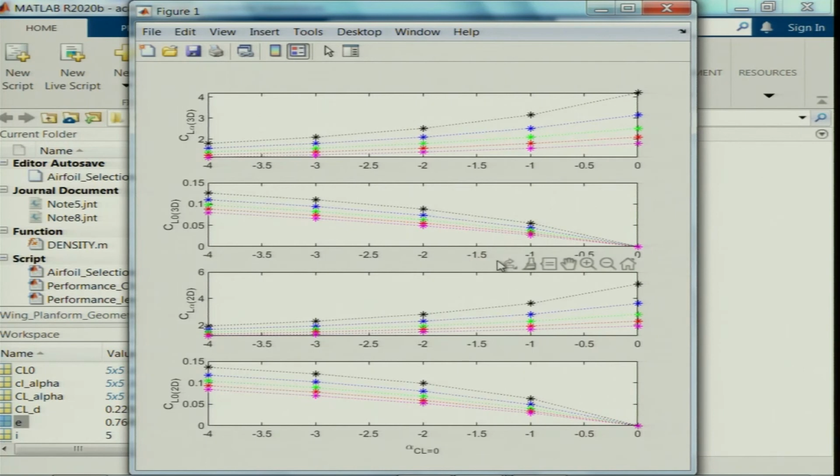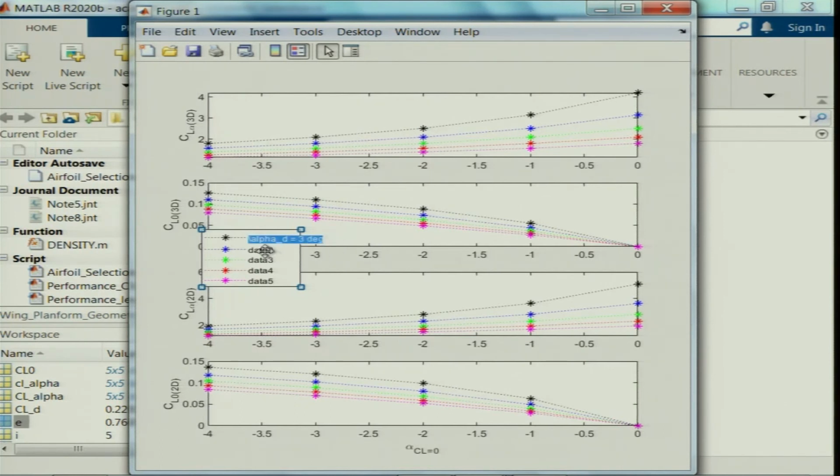If I insert a legend here, this first data corresponds to backslash alpha underscore D equals 3 degrees. So alpha D is 3 degrees, right.